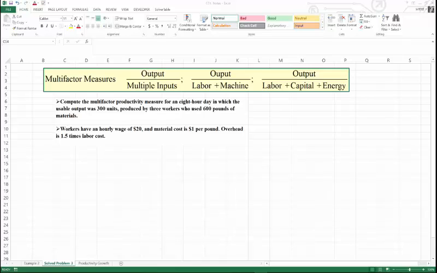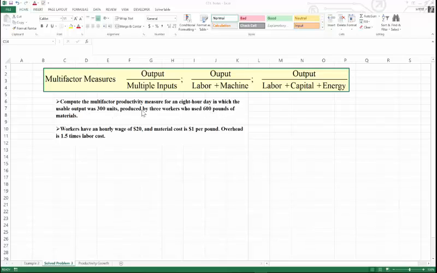In this example, we will calculate productivity in the multi-factor measures. So here is the problem setting. We know there are 8 hours a day in which the usable output was 300 units. It is produced by 3 workers who used 600 pounds of materials.